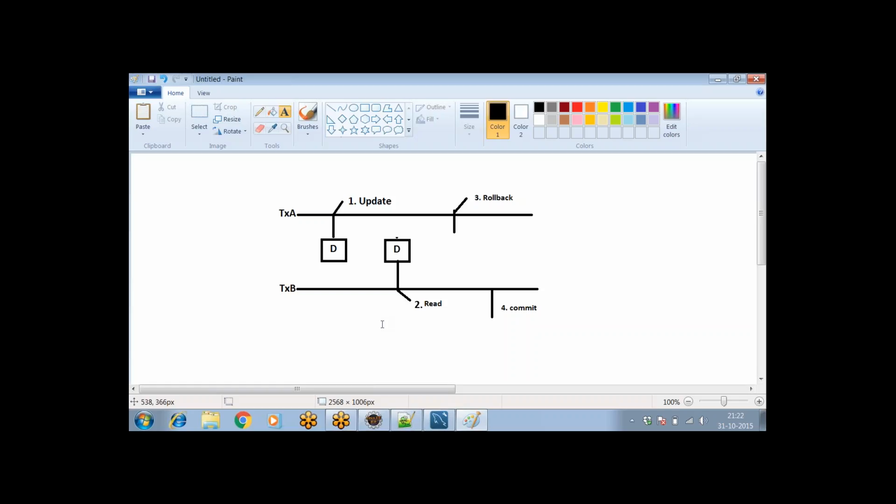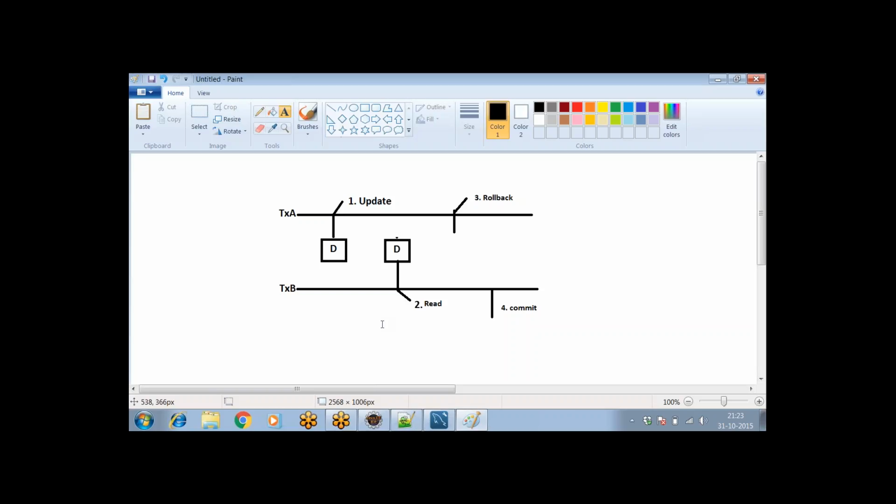In order to address this issue, you need to use the read committed isolation level.